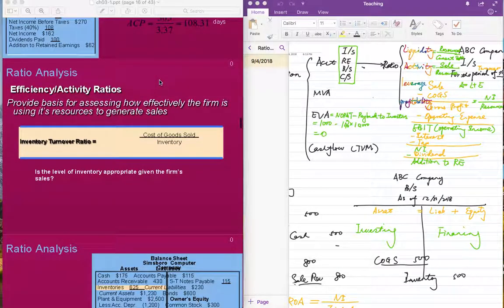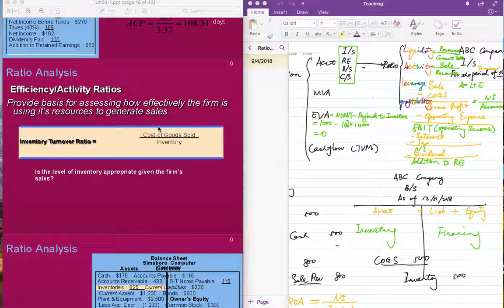One more thing worth noticing is that, as I said, all the turnover ratios have sales on the top, and the only difference is the inventory turnover ratio. When we calculate the inventory turnover ratio, we use cost of goods sold divided by inventory, to measure how efficiently our inventory turns into cost of goods sold.